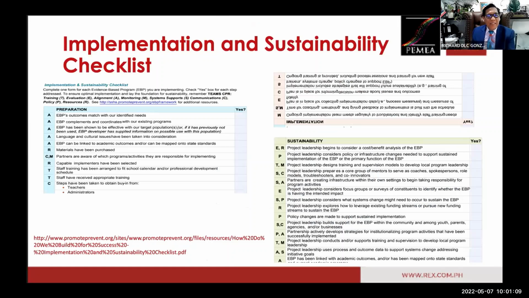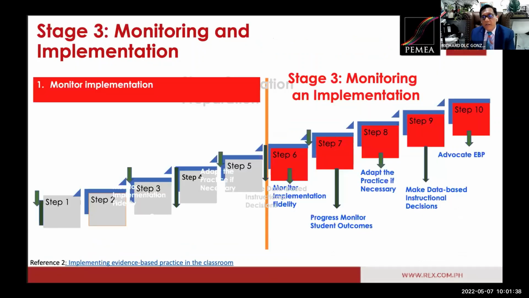This is an example of an implementation and sustainability checklist. You can adapt this. It's available online, by the Promote Prevent org, by the Education Development Center. The link is there, and I will be sharing it with you because this will be very helpful.